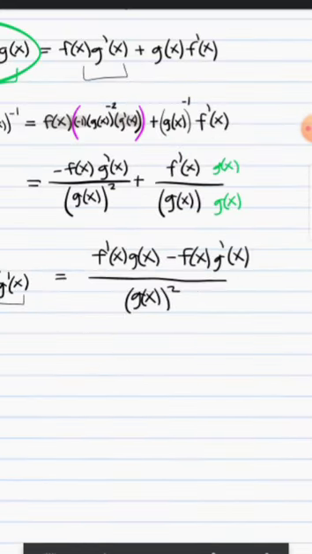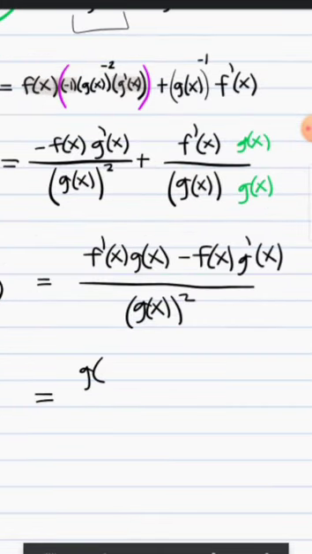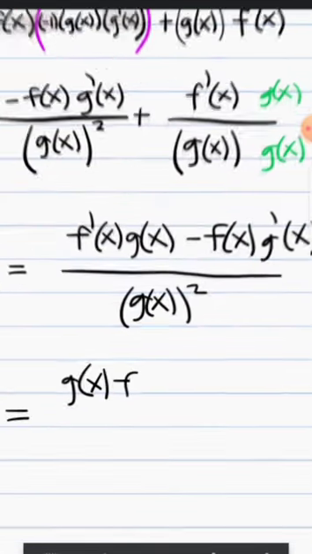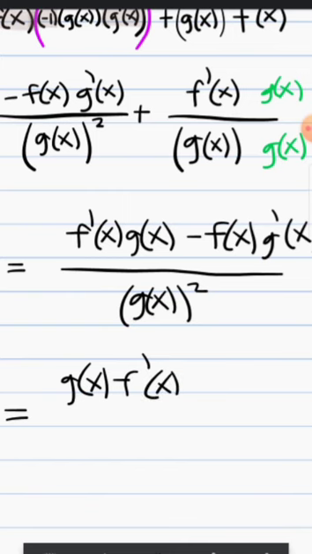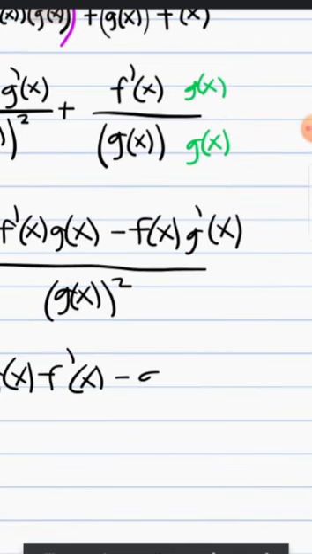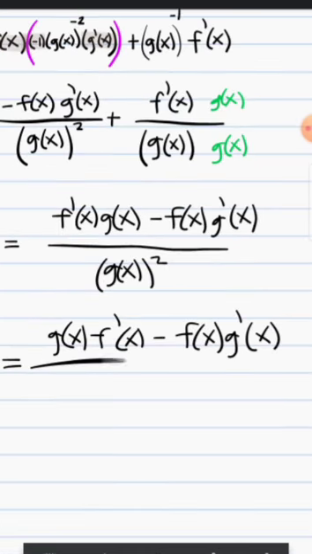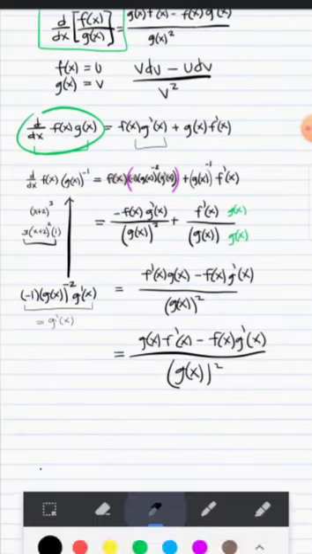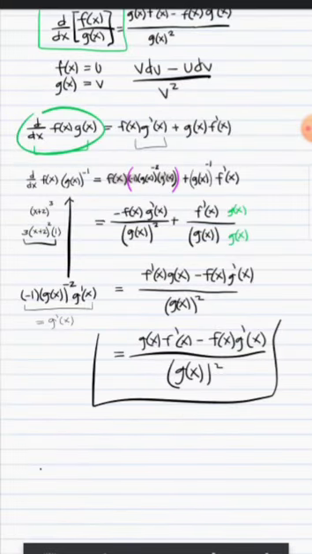Or, we can write this first, g of x, since multiplication is interchangeable, then minus f of x, g prime of x, all over g of x squared. So this is the quotient rule.